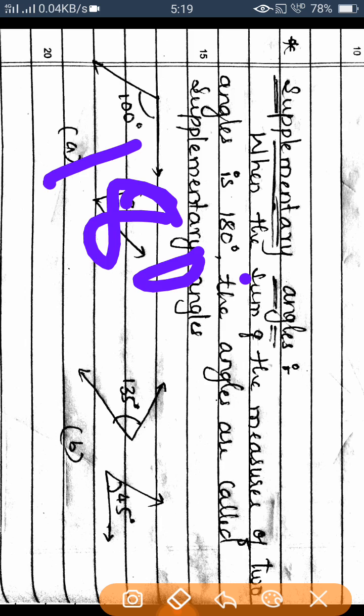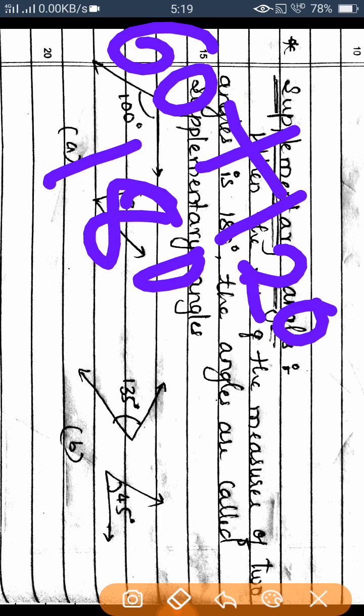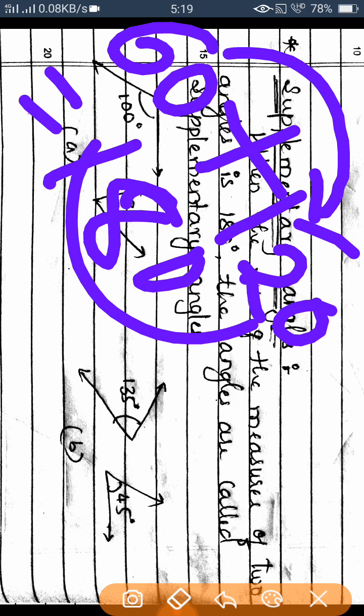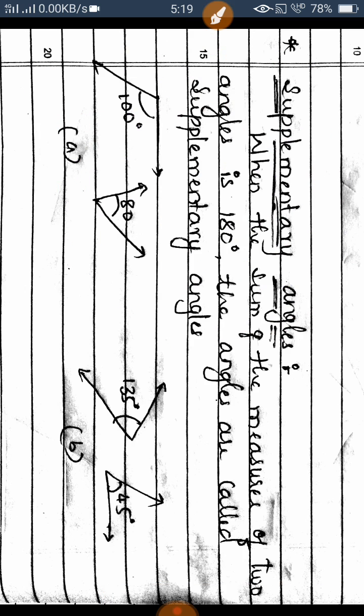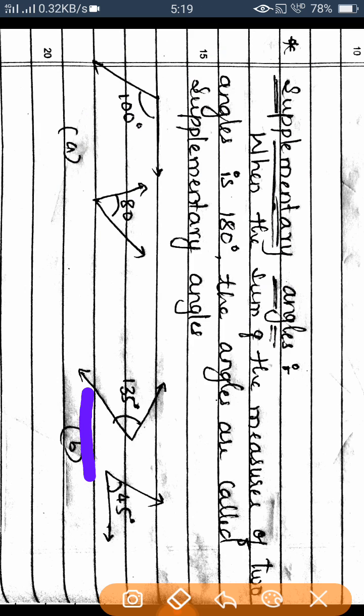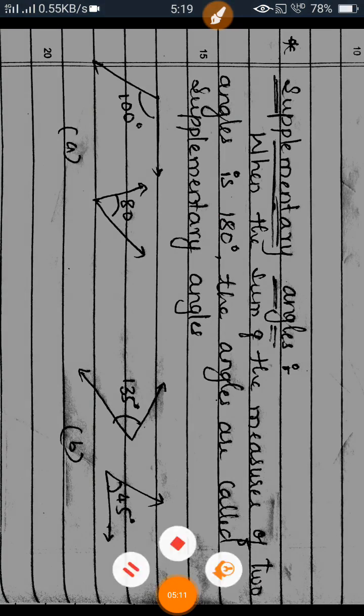Here, as in the complementary explanation, if you add any two angles and get 180 degrees, then they are called supplementary angles. So 60 is supplementary to 120, and 120 is supplementary to 60 degrees. The definition: when the sum of the measures of two angles is 180, the angles are called supplementary.